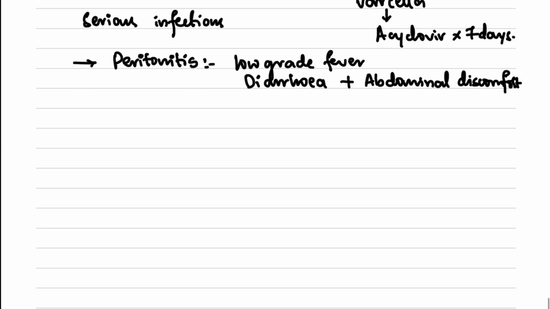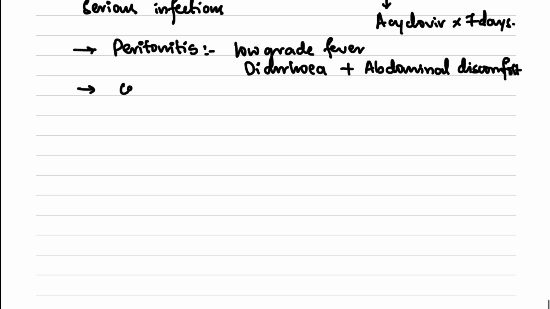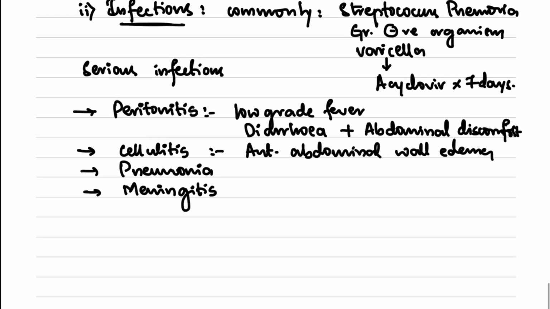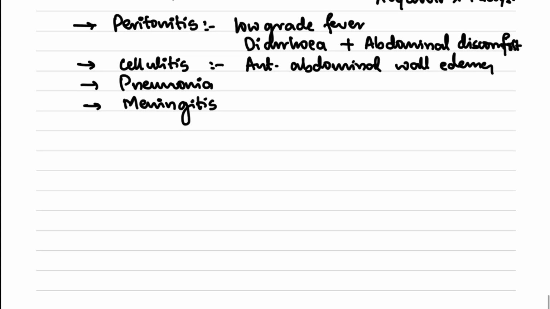Then the patient can also have cellulitis. This might result in the form of anterior abdominal wall edema. The patient can suffer from pneumonia as well as meningitis. So from small infections to some serious infections, the patient of nephrotic syndrome can suffer.